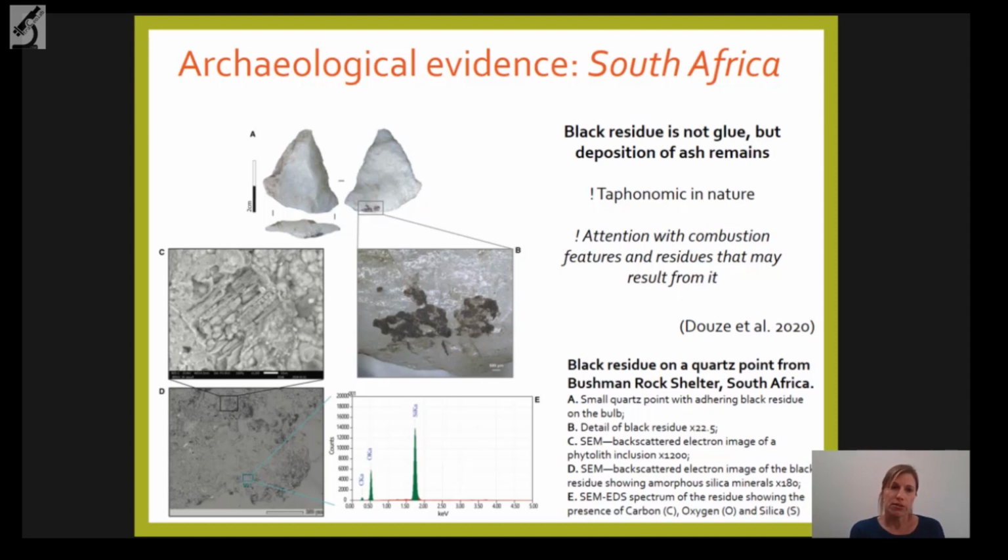Close examination of this residue demonstrated that it was taphonomic in nature and that it was due to a deposition of ash remains. This implies that we have to be very careful with stone tools that are deposited in relation with combustion features, as residues may be linked to the combustion feature and not to the tool use or the life cycle of the stone tool.